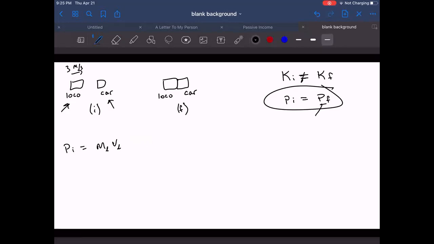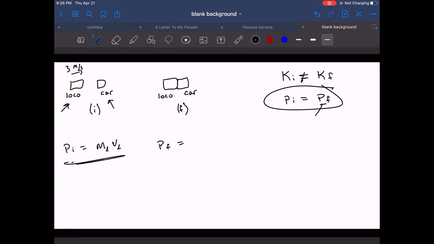Now, what's the final momentum? Maybe I want to see if you can tell me what this equation equals here. Oh wait, okay. So to find the equation, you use P_i equals P_f, right?